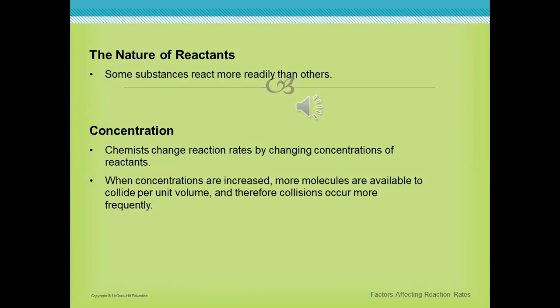Concentration, for example: if you have a mango juice that has only mango without water, it will be more concentrated. The molecules of mango will be more and more, so their collisions with each other will increase.